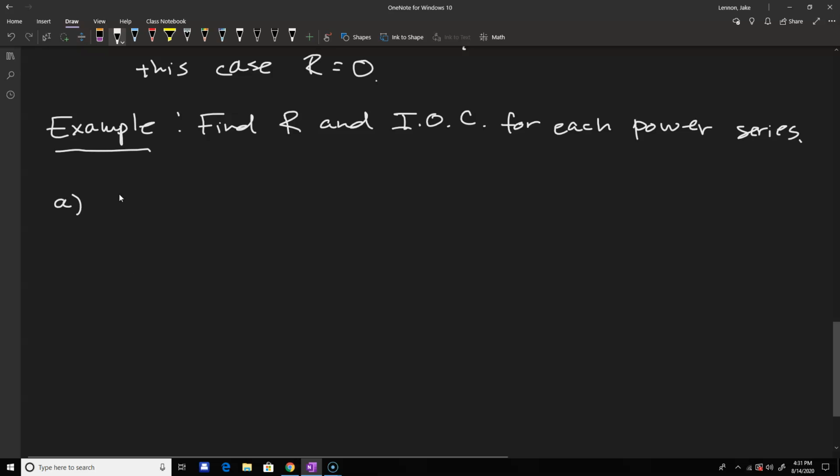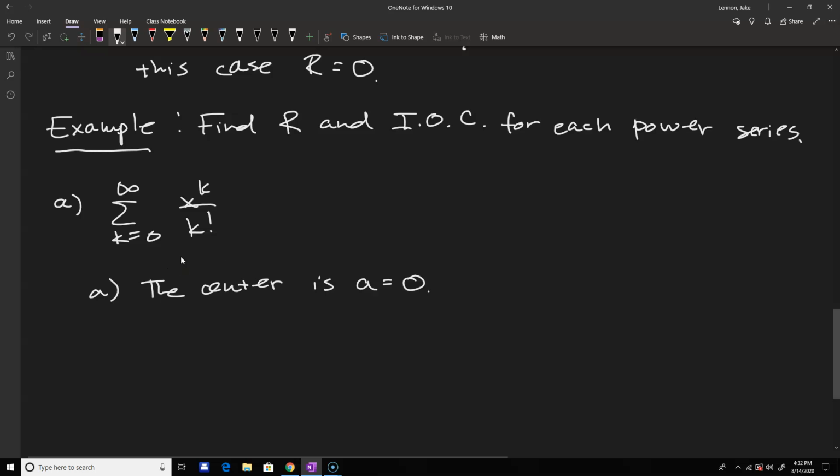Let's say we have the infinite series from k equals 0 to infinity of x to the k over k factorial. What we do here is essentially apply the ratio test. Since it's x to the k, the center is a equals 0, since there's no x minus anything.